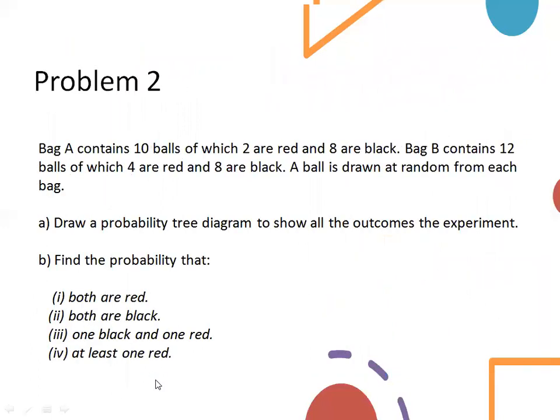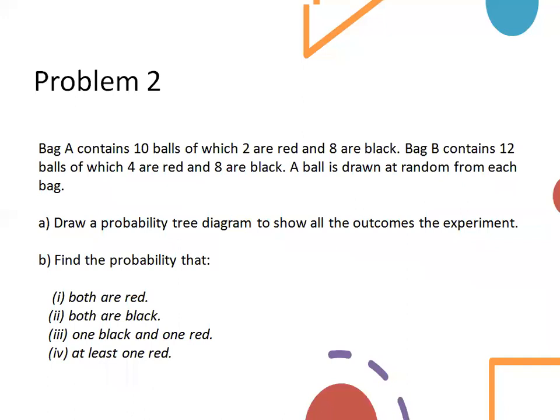Now we will be solving problem number 2. Here, a bag A contains 10 balls, of which 2 are red and 8 are black. Bag B, another bag, contains 12 balls, of which 4 are red and 8 are black. A ball is drawn at random from each bag.